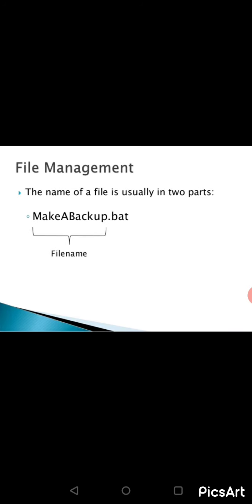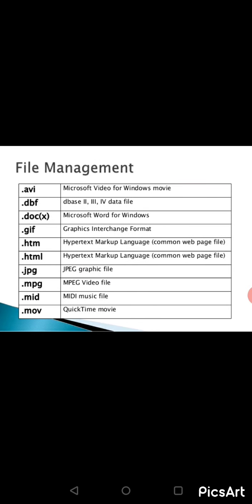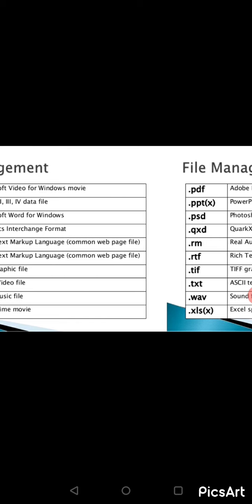Here are some files, see here, with their extensions. Go through it. dbf means database file, docx is a Word file, htm means HTML file, which you already know, and .jpg file. So these are some file extensions which are used to store files.